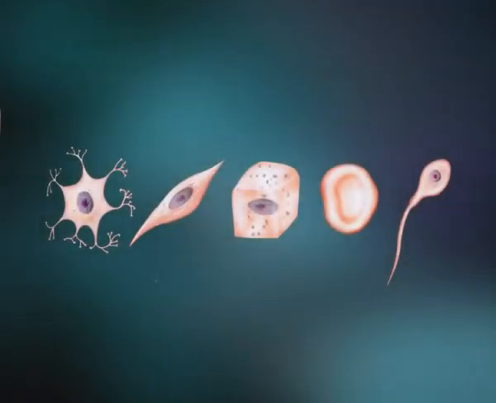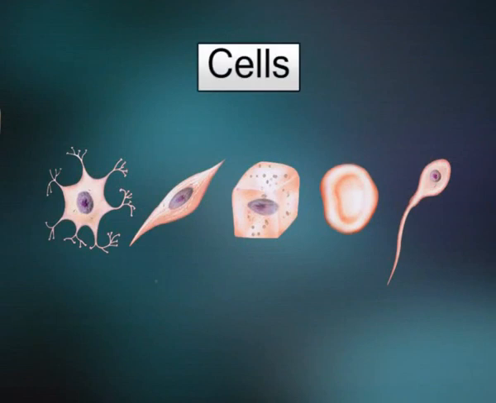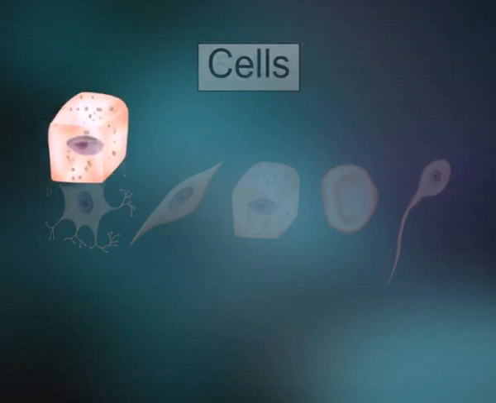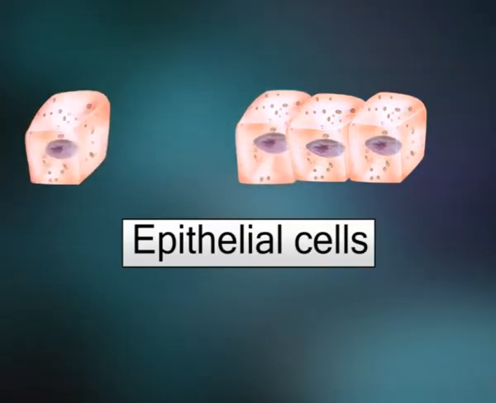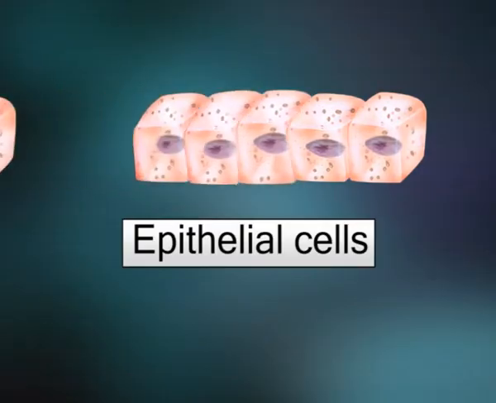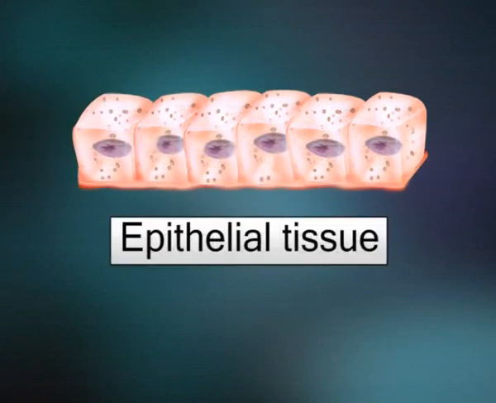As you know that the multicellular organisms consist of different types of cells. These different types of cells cluster together in order to perform specific functions and form tissues. As you can see here, many types of epithelial cells combine to form epithelial tissue, which are generally flat, compactly arranged cells.